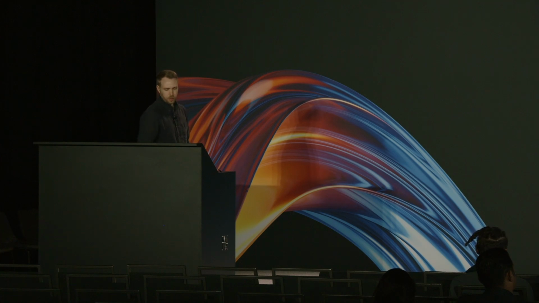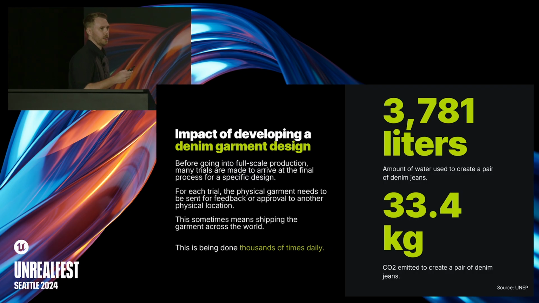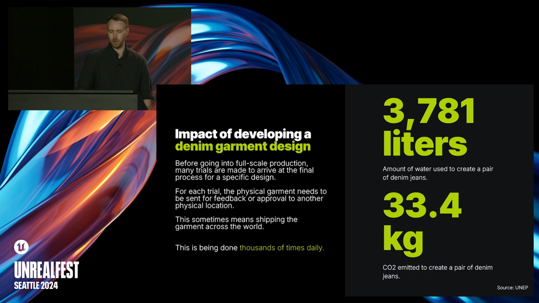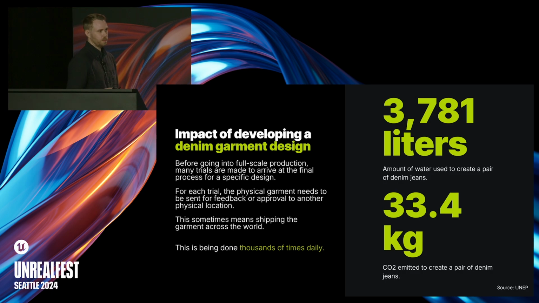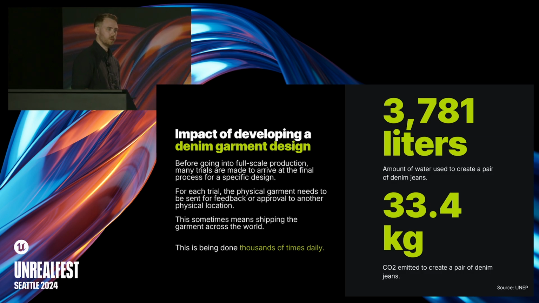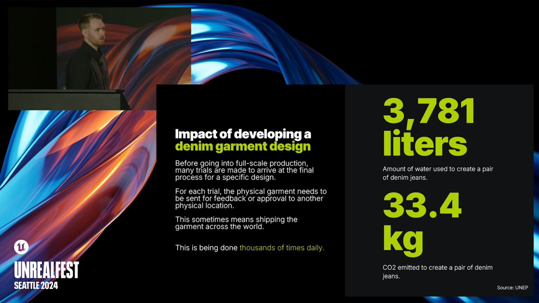And that's not all, because when you create a new line of jeans, for example, you don't just create it right away. You do a lot of trials. And these trials are also very lengthy, very involved. And it's not performed at the same place. You usually create some physical samples in Asia or wherever, and you ship them over to the US or Europe for improvement or feedback.